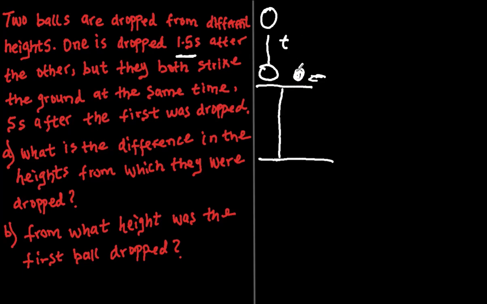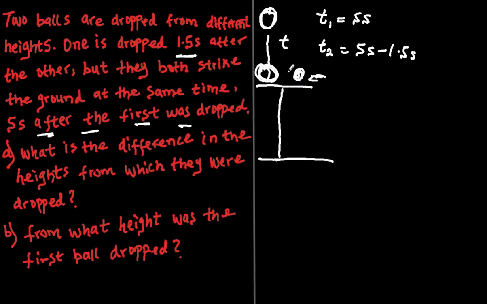So that means this second ball was dropped 1.5 seconds after the first ball was dropped. And then we were told that the first ball reached the ground after 5 seconds. See it here, it says at the same time, 5 seconds after the first was dropped. So what it means is that the time spent in the air by the first ball is 5 seconds, and the time spent in the air by the second ball must be 5 seconds minus 1.5 seconds, because it's going to take the first ball 1.5 seconds to reach the height at which the second ball was dropped.